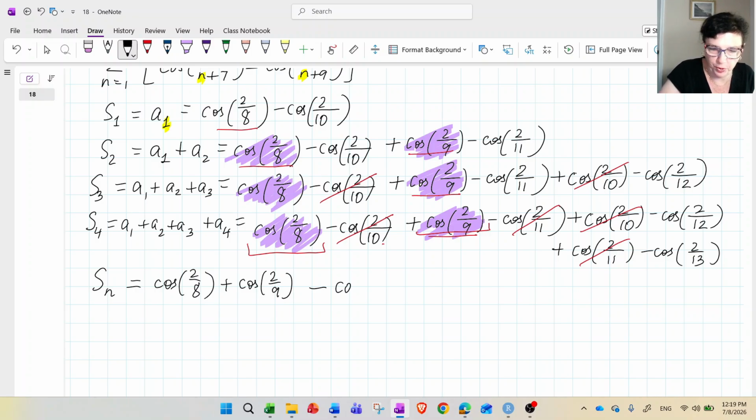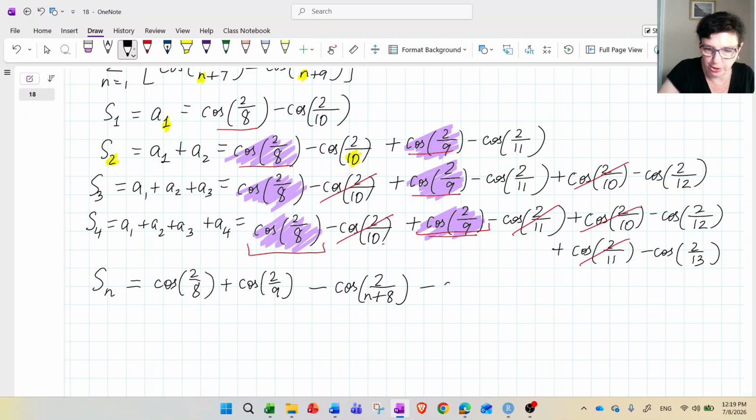So this is going to be cosine 2 over, now if it's S2, we got a 10 here. How do we get from 2 to 10? We add 8, right? So this is going to become n plus 8. For 3, it becomes 11, for 4, it becomes 12. Looks like that's right.